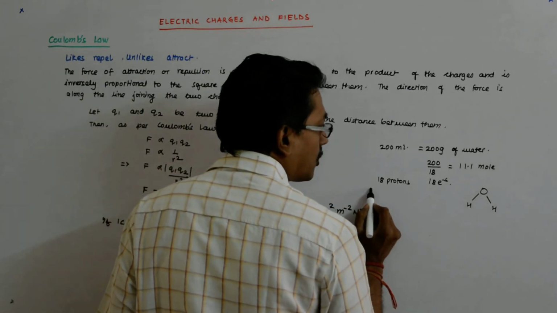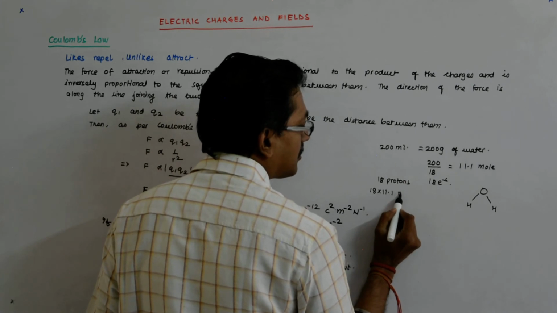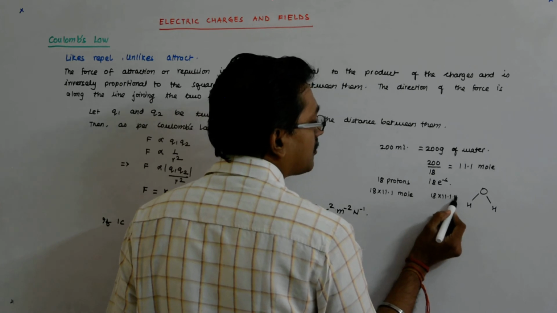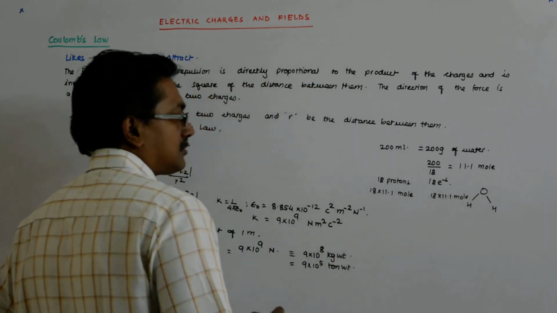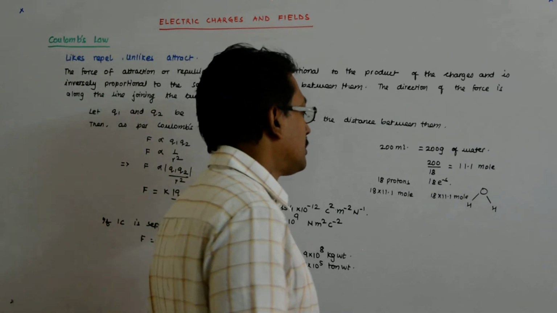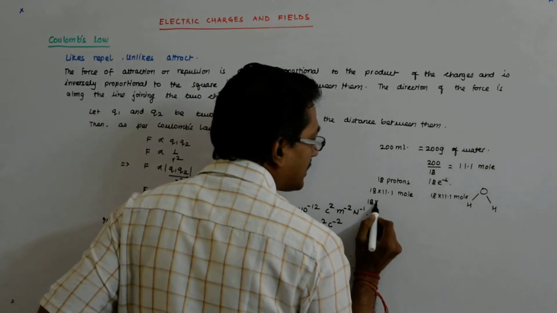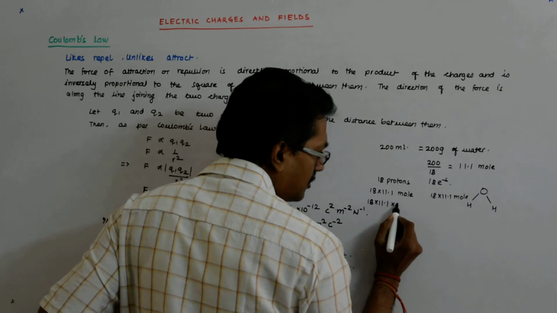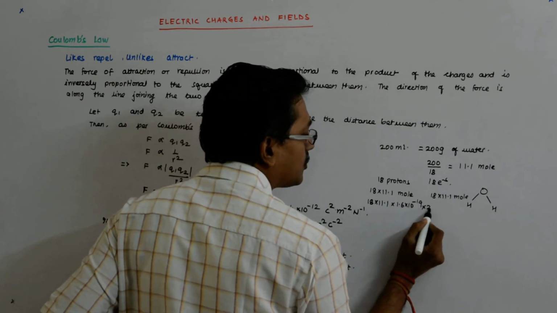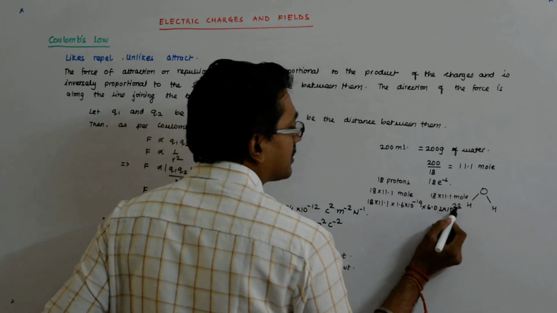So total 18 into 11.1 mole of protons and 18 into 11.1 mole of electrons. Now 1 mole, so what is the total charge? It is 18 into 11.1 into 1.6 into 10 to the power minus 19 into 6.02 into 10 to the power 23.